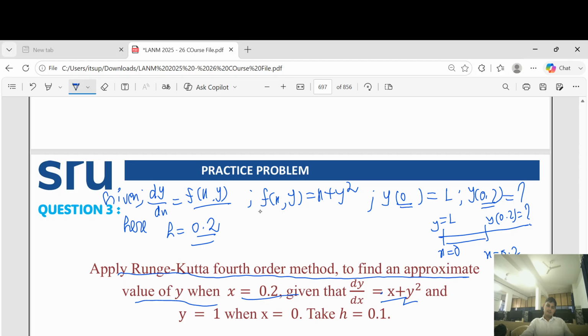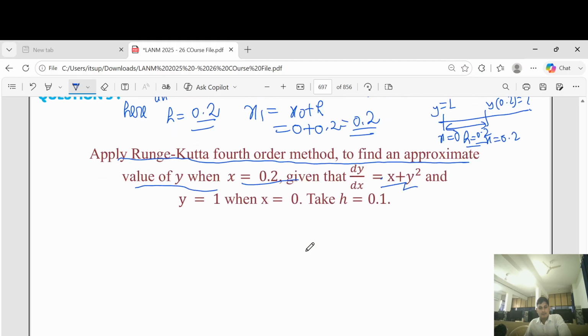So let us assume that h is equal to 0.2, which means this distance is 0.2. x1 is x naught plus h, so 0 plus h means 0.2. So we evaluate at 0.2. You should also read the question very carefully, to see what information is given in the question.